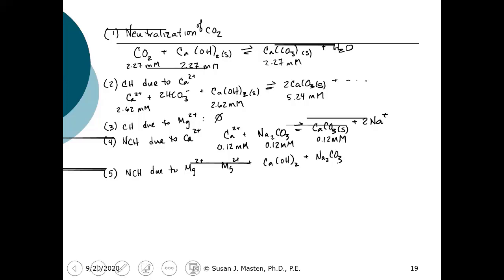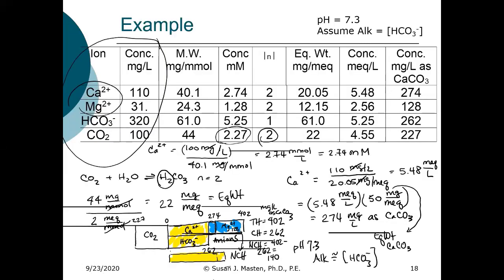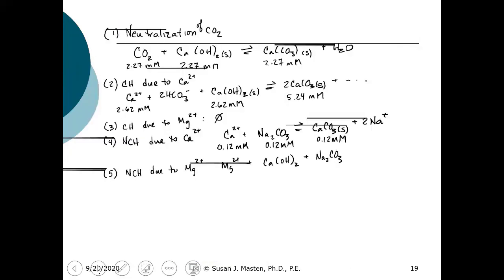And now going back to this, all of our magnesium is due to non-carbonate hardness. So we have here 1.28 millimolar. We need 1.28 millimolar, and we need 1.28 millimolar.